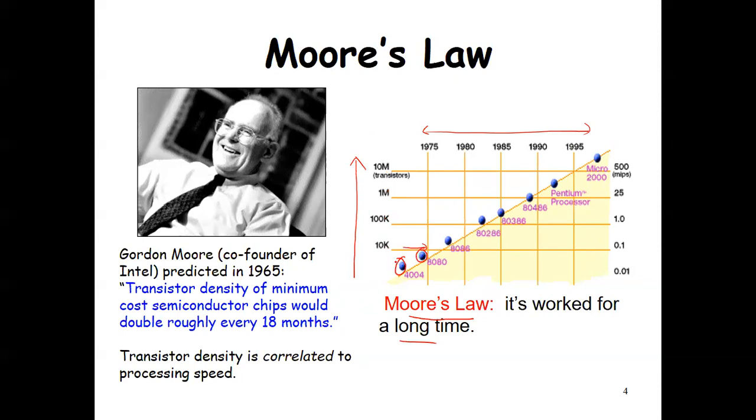The number of transistors used in the 4004 may be 2,000, something like that. The number of transistors used in the 8086 is around 11k. The 80286 uses 100k, and the 80386 maybe 120k, and so on.